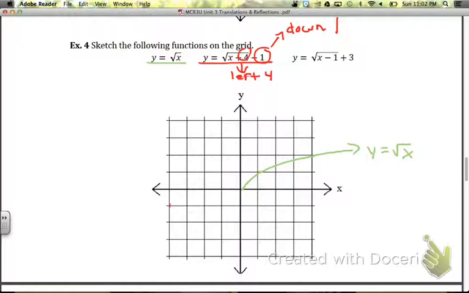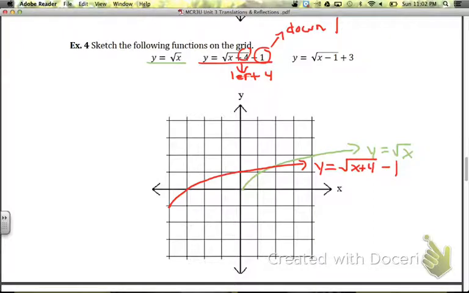So we're at negative 3, 0. And similarly, at this point here at 4, 2, left 4, down 1 takes us to 0, 1. And we can connect those. Make sure we label y equals the square root of x plus 4 minus 1.